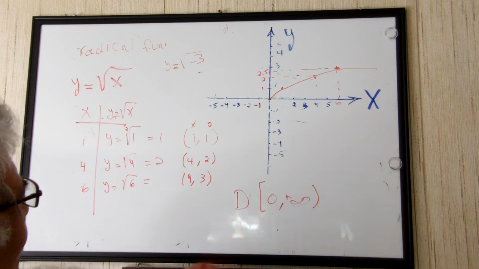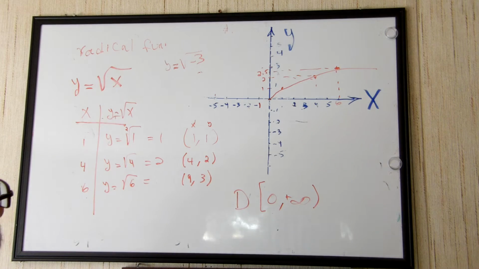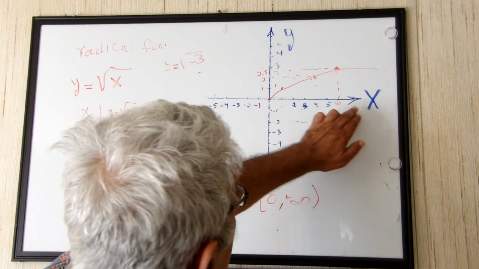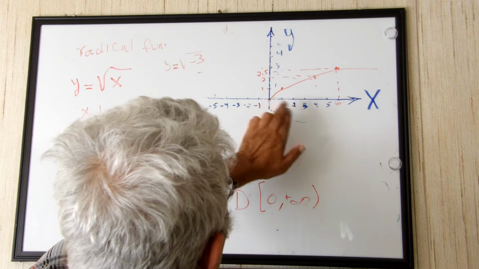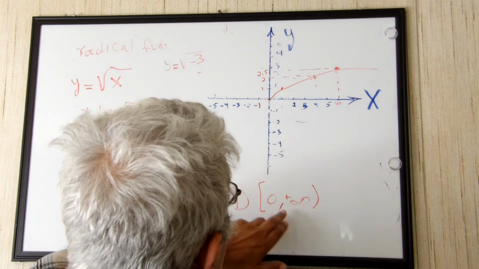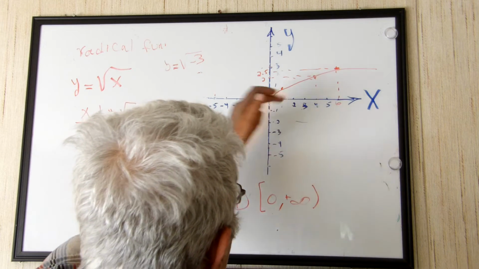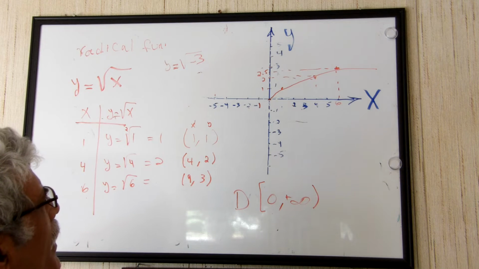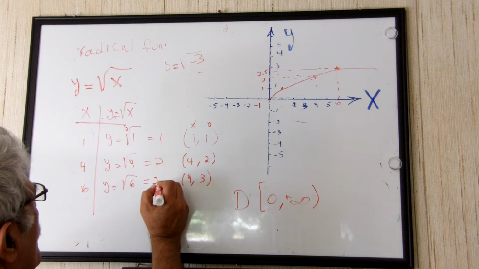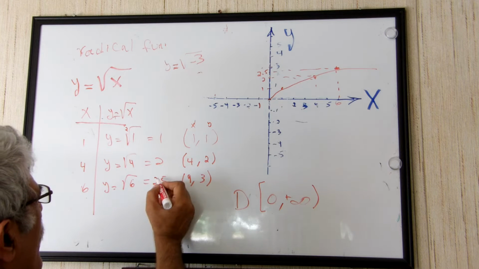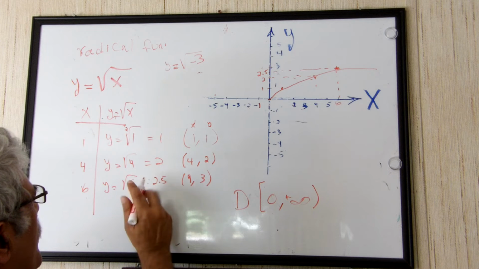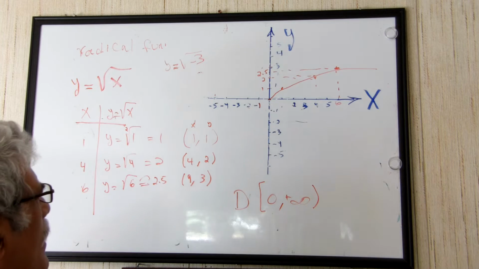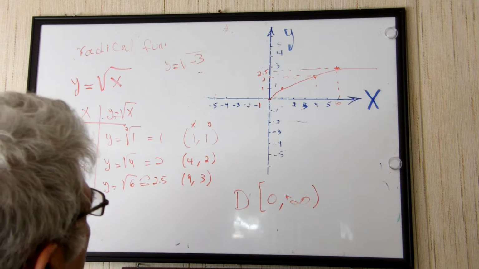So this is the domain of this function, because of the values of x. You see on the x-axis what values are going to be in this domain. If you put any number here, you will get an answer. You write this like that. Look.